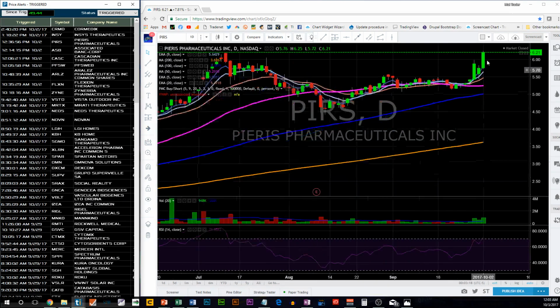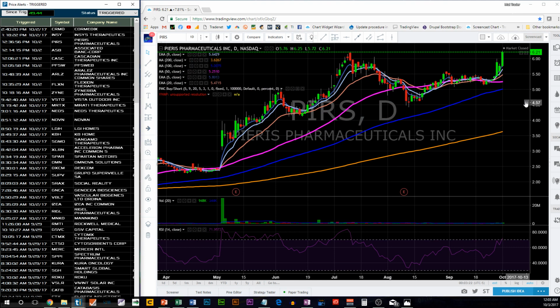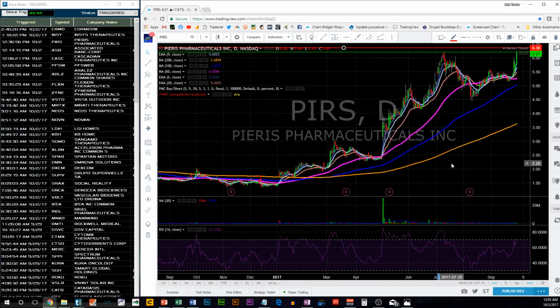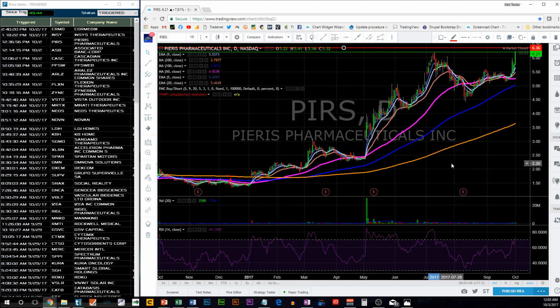So it did reach it, but then pulled back slightly, 2 cents. Obviously, this is a potential candidate above this breakout area here, maybe 6.35, to give us kind of a confirmation that the breakout is real.